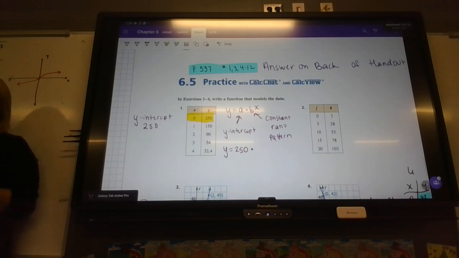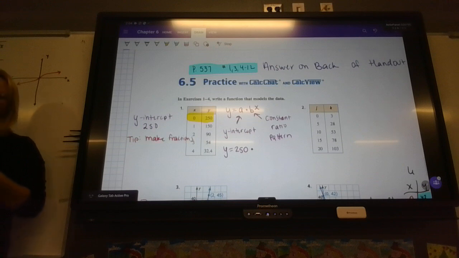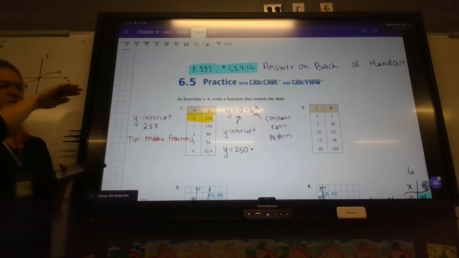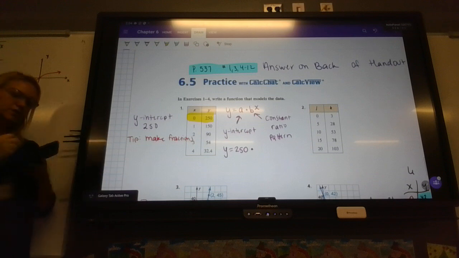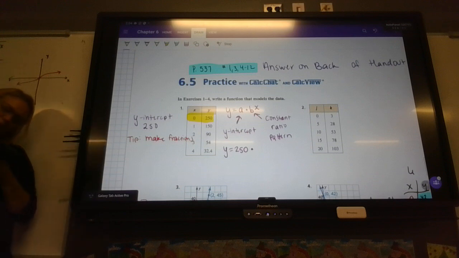So there's a trick or a tip, and that is to make fractions. So the fractions you want to make is the second y over the first y. So I'm going to put 150 over 250 and reduce it.